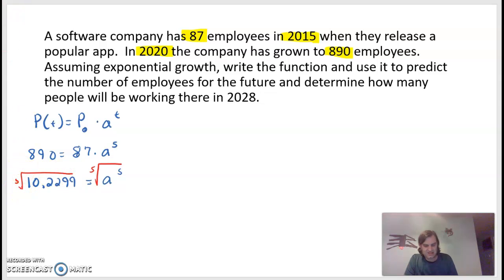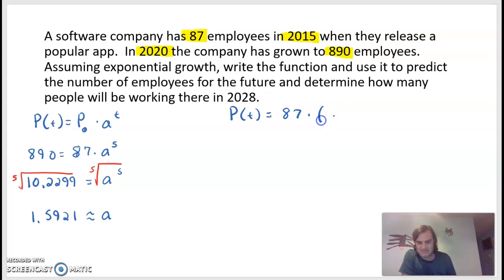I'm actually going to go back and retype this value to make sure I get the approximation we got here. So I'm going to take the 5th root of 10.2299. And I get about 1.5921.